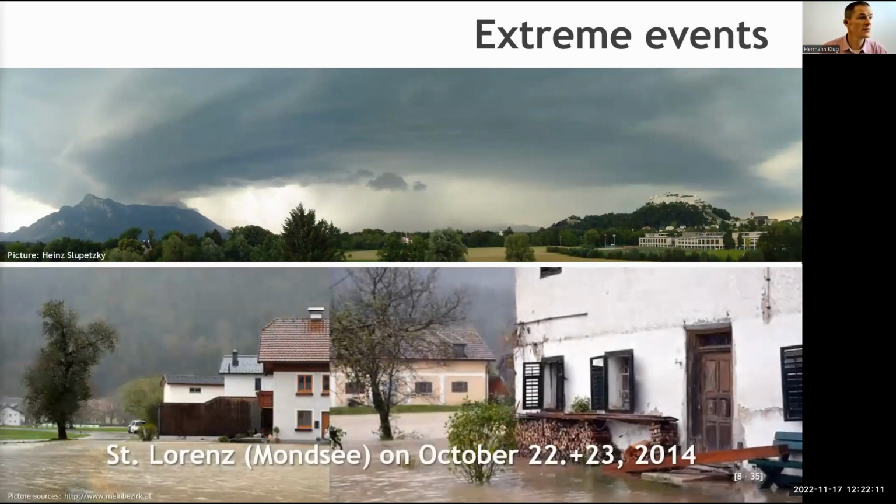And even 2 hours later, this is the situation in the Mondsee catchment. So people went from a blue sky, sunny area to a flooded area in 4 hours. So you see, changes are happening very rapidly.